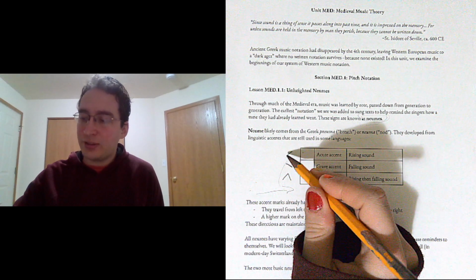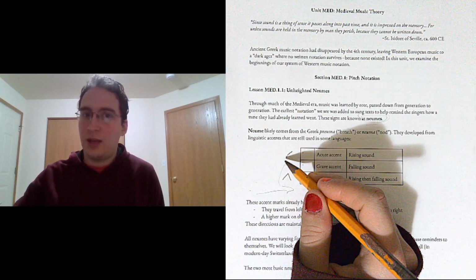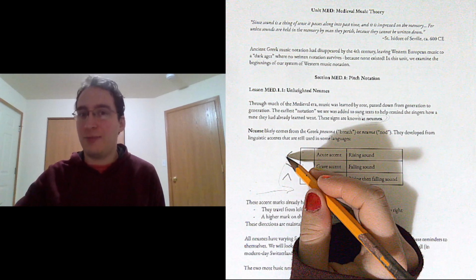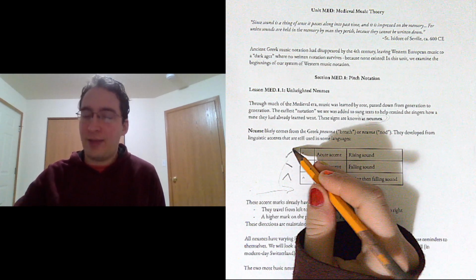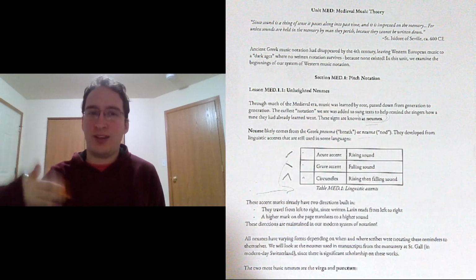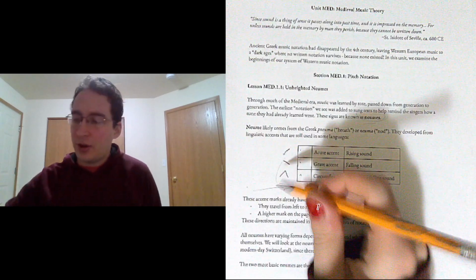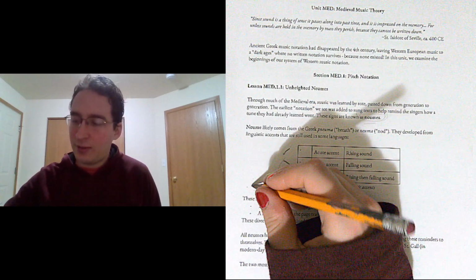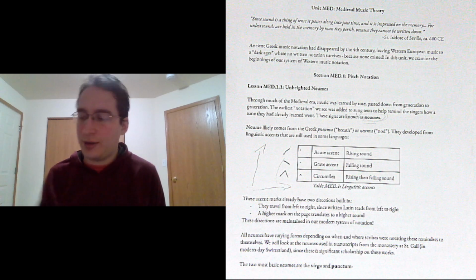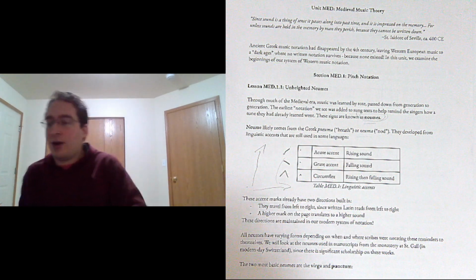And then the other assumption that's baked in is that lower on the page means lower in pitch, and higher on the page means higher in pitch. But our discussion of high and low pitch, that direction is kind of arbitrary. So you have time going this way and sounds going higher going that way, which both translate to our modern system of notation.